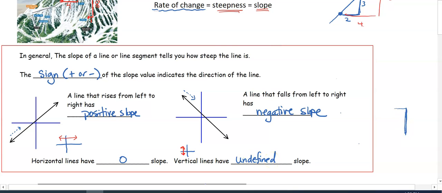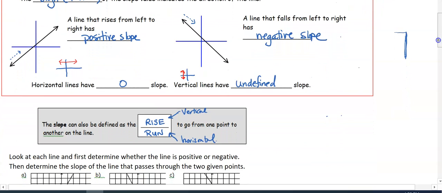And I'll explain why we use the word undefined later on in this lesson. But we understand that there's 4 types of slope. Okay? There's positive slope, there's negative slope. When we give you a value for these slopes, it tells us how steep the line is. Horizontal lines have 0 slope and vertical lines have undefined slope.